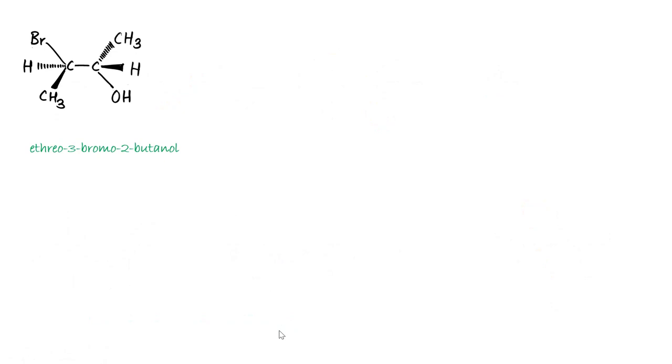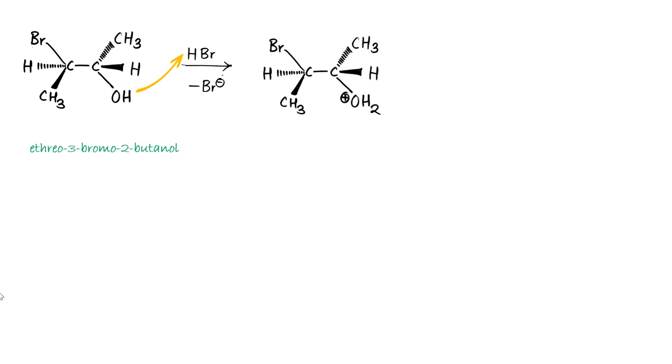Let's see what happened with the reaction of erythro 3-bromo 2-butanol with HBr. Here also bromine is present as a neighboring group. Firstly, this OH will abstract one hydrogen and Br minus is eliminated. Secondly, you will get OH2 with a positive charge on oxygen.